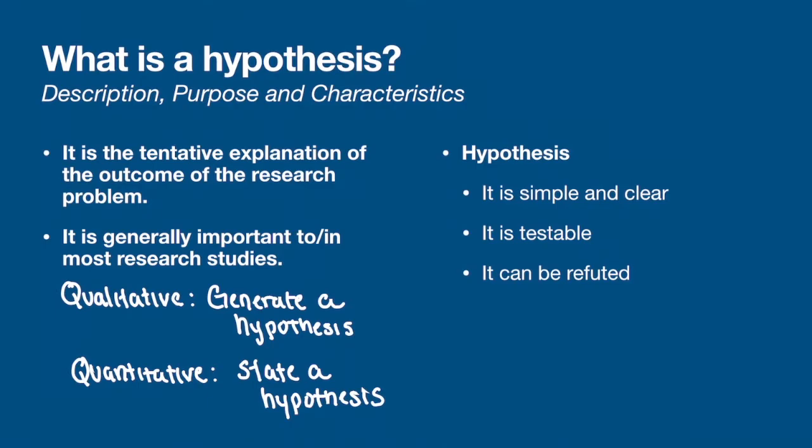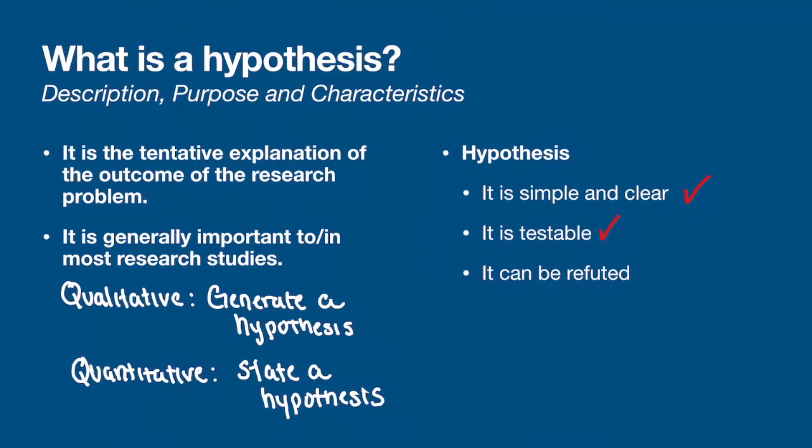Now, when we state our hypothesis, we do have a few things that we want to be true of that hypothesis. We want it to be a simple and clear statement. In other words, we want to use terminology that's easy to read, easy to recognize. We want to make sure that our hypothesis is testable. In other words, we're not married to a specific hypothesis.